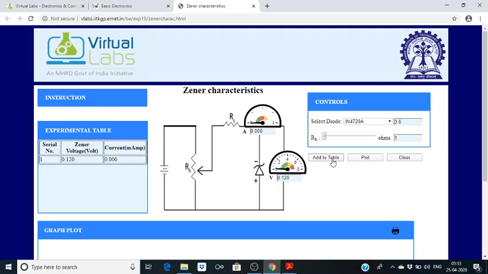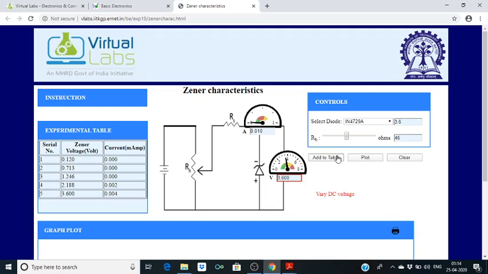So add to table, then we will increase it gradually. Try to take different values with different current readings. Do not repeat the same current reading, because otherwise your graph will not come properly.